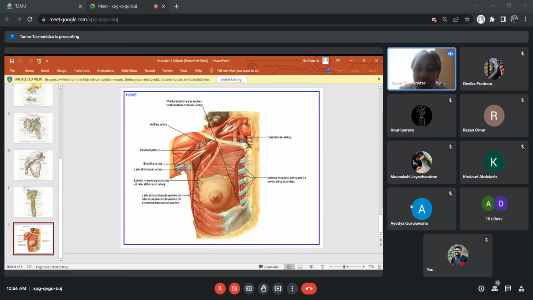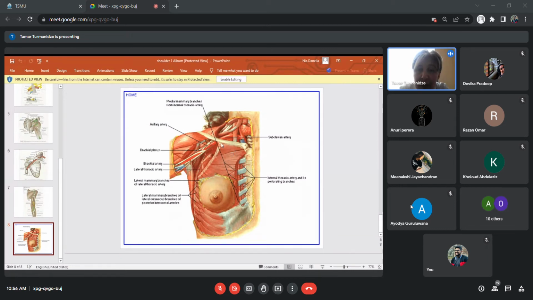Medially, it is bounded by the lateral border of the sternum. Inferiorly, it is bounded by the horizontal line which passes at the level of the third rib, and in females it will be the superior border of the mammary gland. And laterally, it is bounded by the medial border of the deltoid muscle.